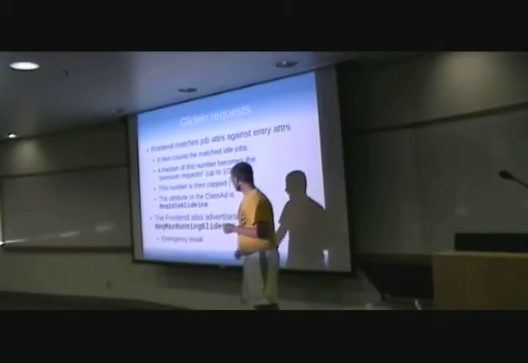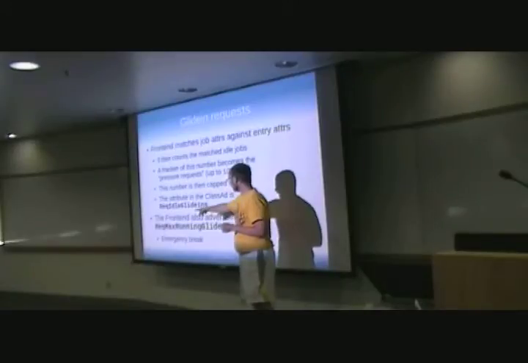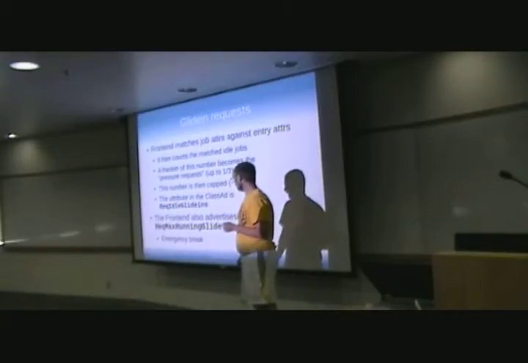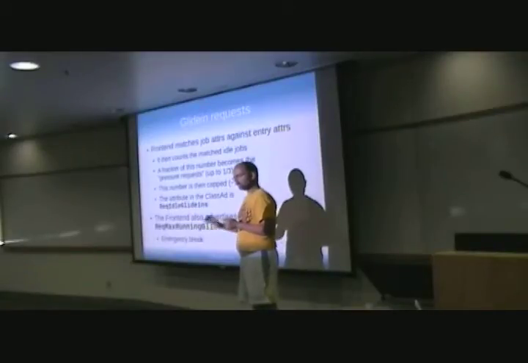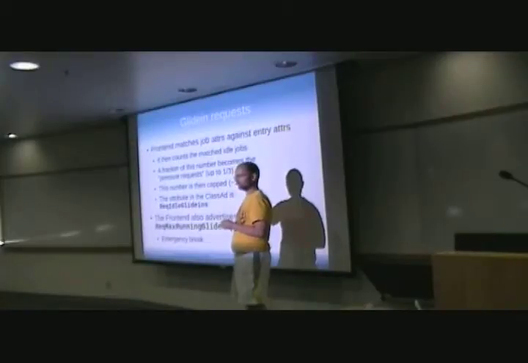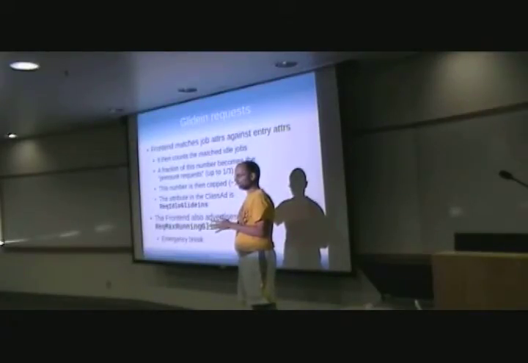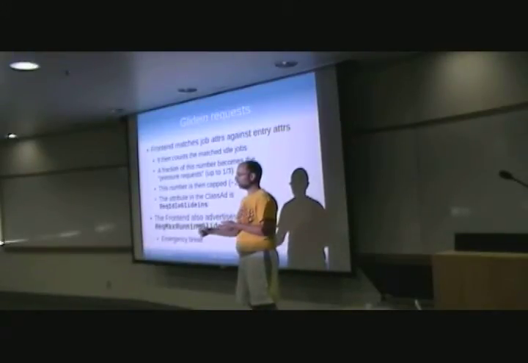The front end also then advertises the ReqMaxGlideins, which essentially says, yes, I want you to keep a certain number of glideins in the queue at all times, but if you ever reach this, stop. So essentially, if the front end is slow to talk with the factory, or you are with a very small amount of glideins, for example, I want you to keep a pressure of 1, but I really need 2 glideins total.